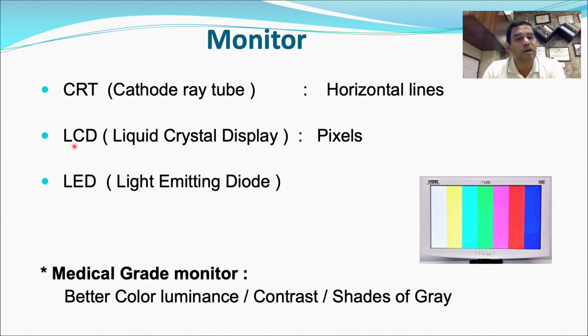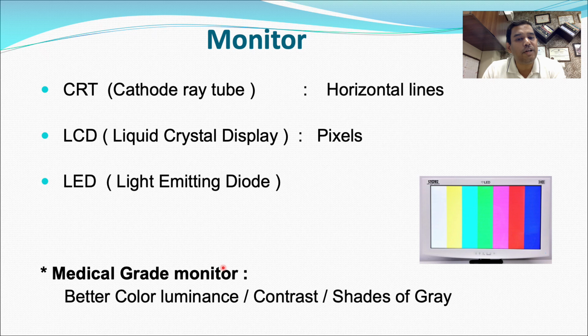Then came the era of LCD, that is liquid crystal displays, which gave a better, clearer image and flatter screens. And the latest we now use is LED, that is light emitting diode, with improved 4K quality, which enhances the vision of the surgeon. Even the small capillaries present over the structures can be visualized better.